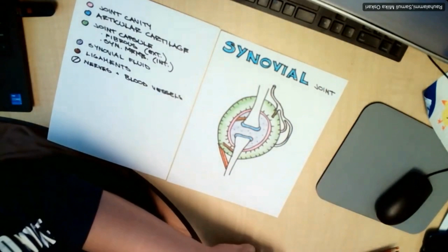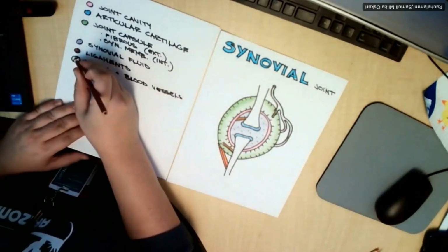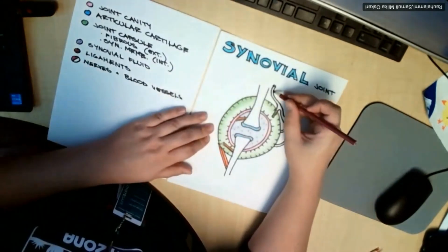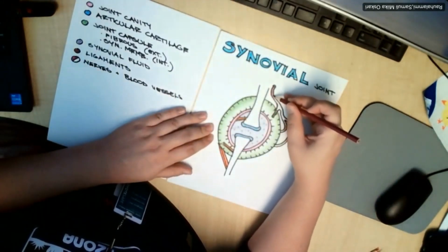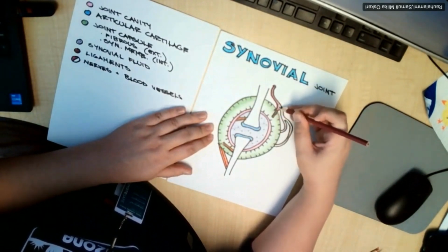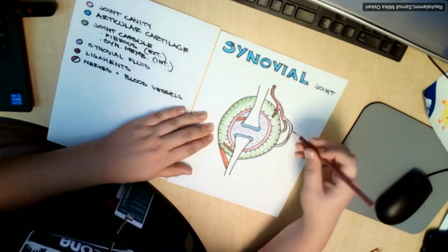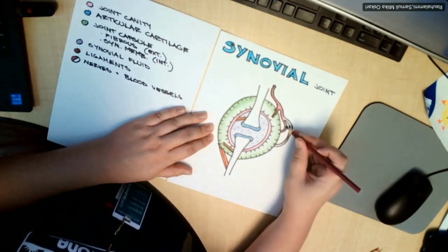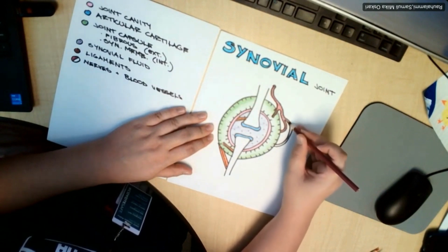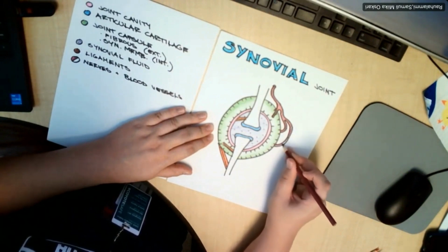Let's add a blood vessel to our diagram. Like you remember, all living tissues require a constant supply of oxygen and nutrients, especially sources for energy, so we're making sure that also exists in a synovial joint.